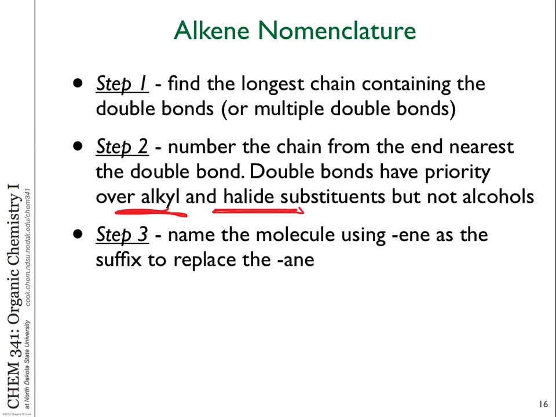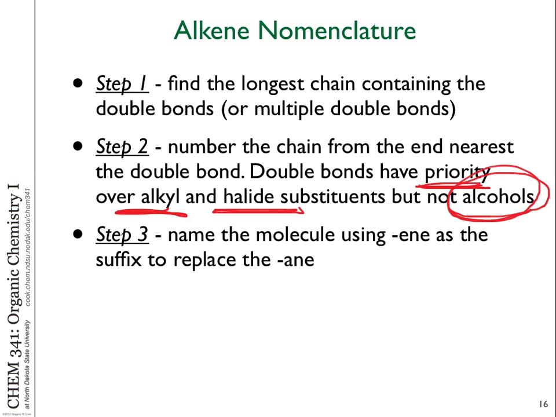And that's where this priority of the alkene is important. That being said, it's a little confusing, because once we have an OH group or an alcohol, it's the alcohol which gets priority over a double bond. So alcohols somehow rise above the double bond. Alkyls and halides have less priority than the double bond.